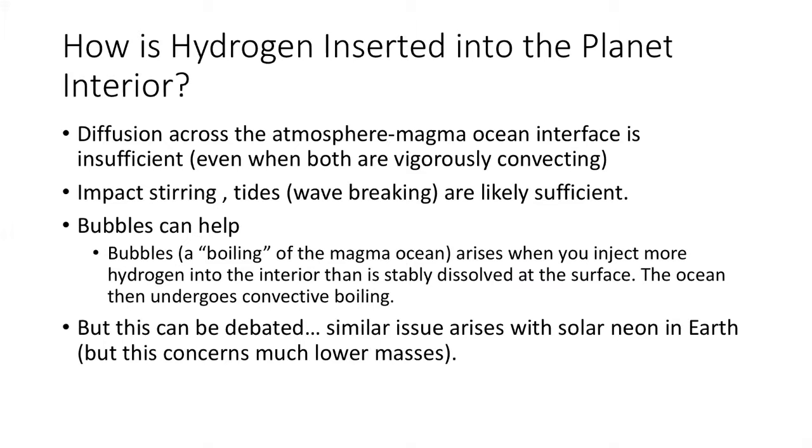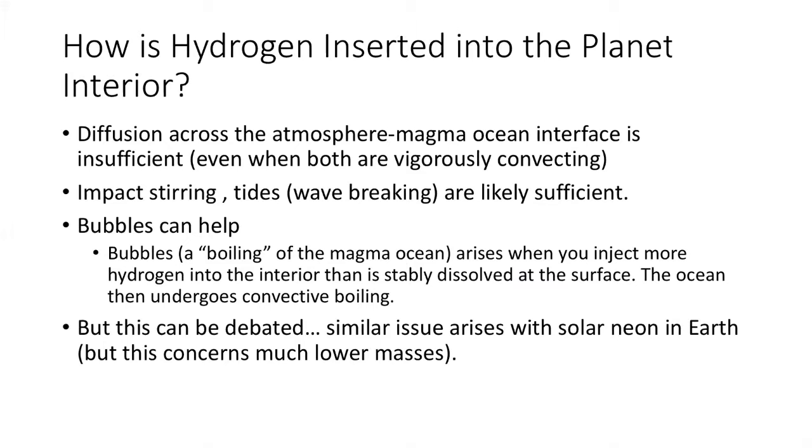By the way, an interesting similarity arises here with a long-standing question in Earth science. Inside the Earth, we have neon, a small amount of neon in the atmosphere, and there are 3 stable isotopes of neon, and on that basis, we can talk about how much of the Earth's neon came from the sun, the so-called solar neon.